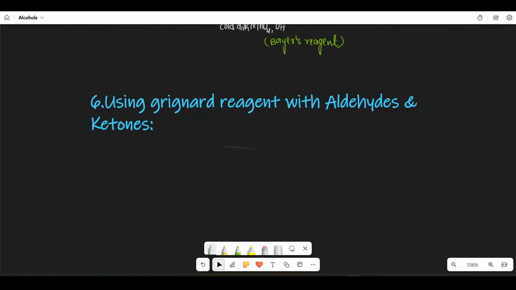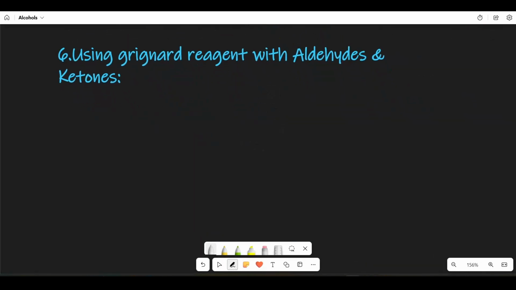One more reaction by which we can prepare alcohols is using Grignard reagent with aldehydes and ketones. See this now. Let's take formaldehyde, and let's take Grignard reagent CH3MgBr.